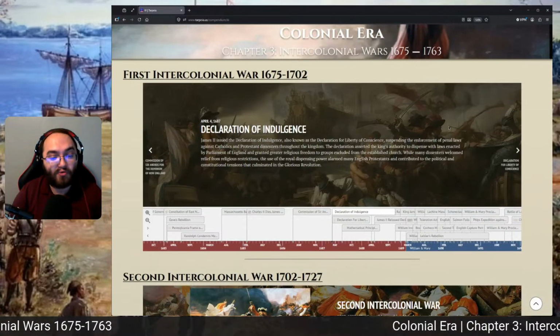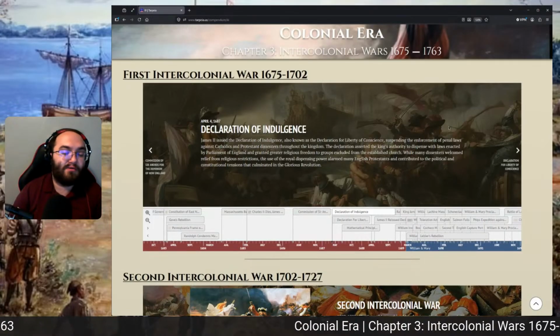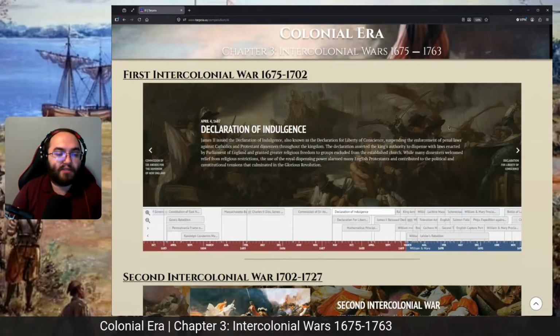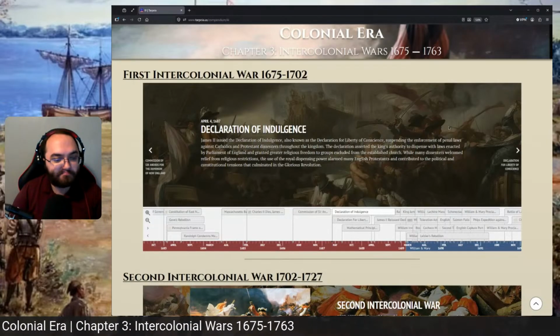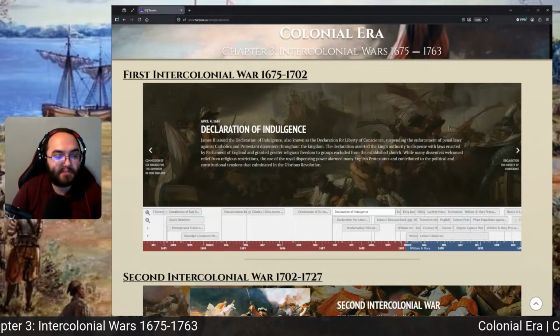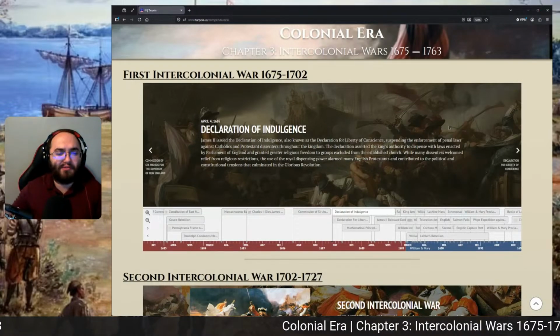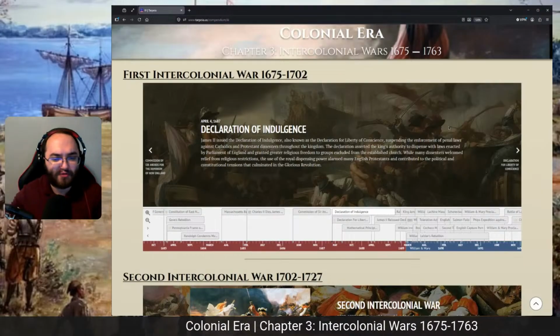Some of these codes were passed under Charles II, forcing people to be Anglican, and James II, someone who isn't an Anglican, he's a Catholic, while also simultaneously being the head of the Church of England.